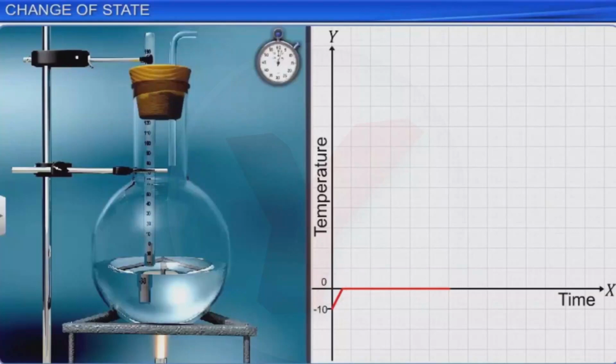If we continue heating the water in the flask, its temperature starts rising again and continues to rise to 100 degrees Celsius. As the water gets heated, first, the air that is dissolved in water forms small bubbles at the bottom of the container.